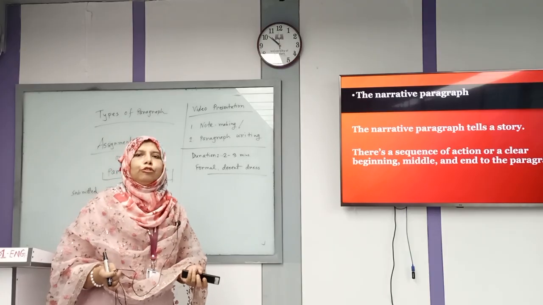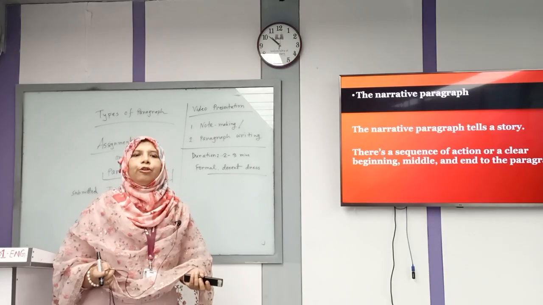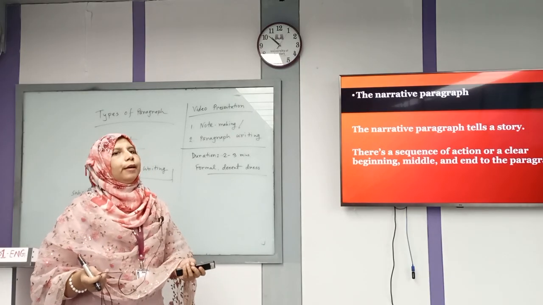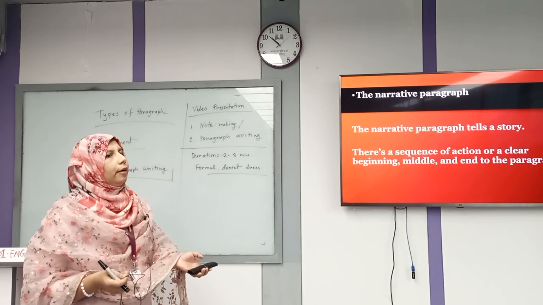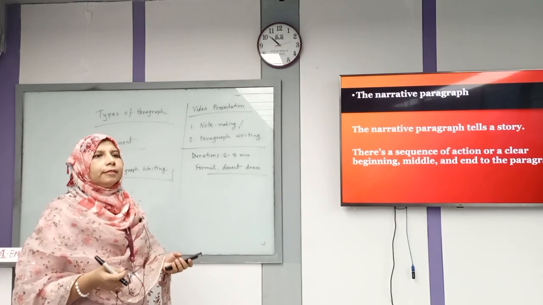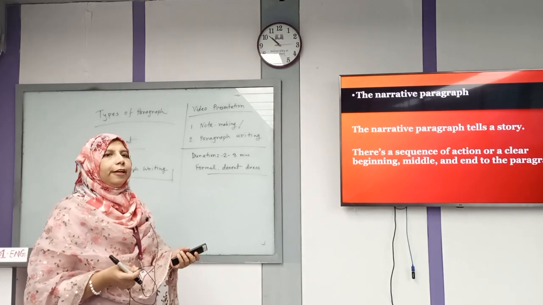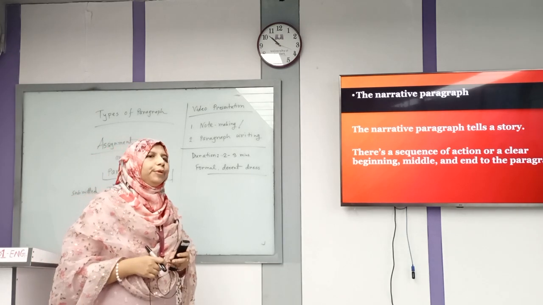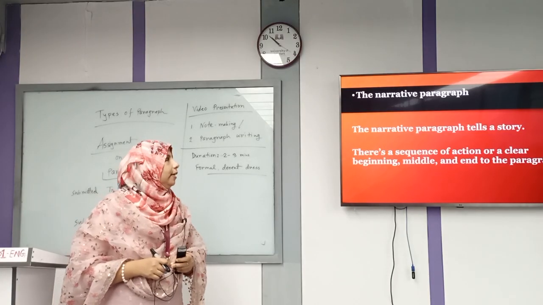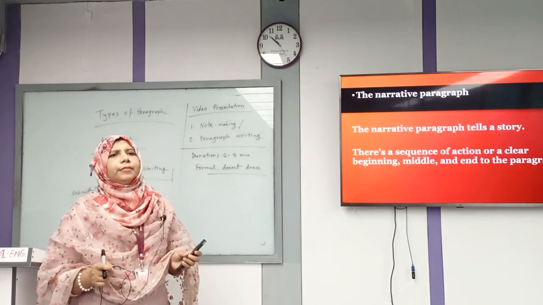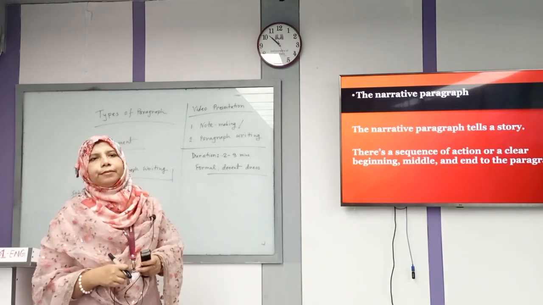A story about your memorable days or a memorable event or an incident you have enjoyed, a party you have enjoyed, any occasion, each day. This is called narrative. And there is a sequence of action and a clear beginning, middle, and end to the paragraph. So, this is a narrative paragraph.